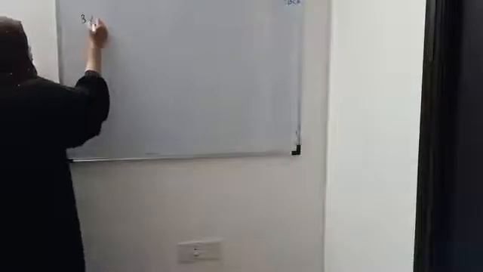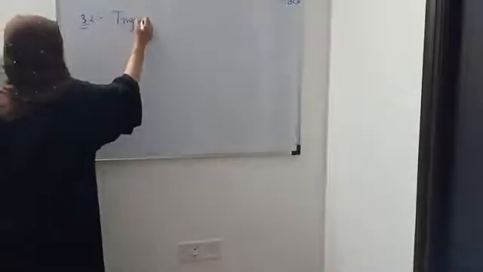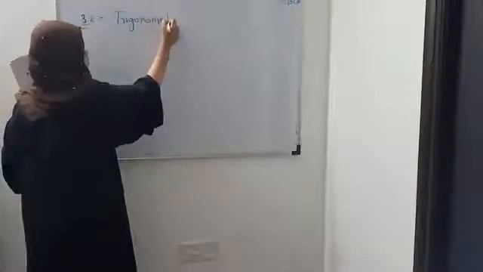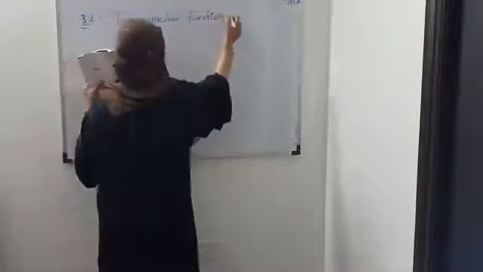So first of all, we will see the meaning of allied angles. This is section number 3.2, trigonometric function of allied angles.